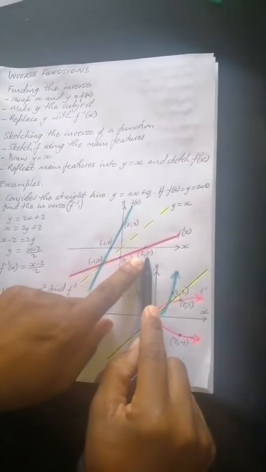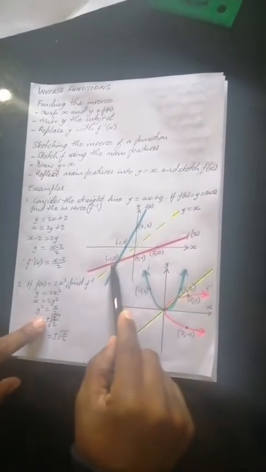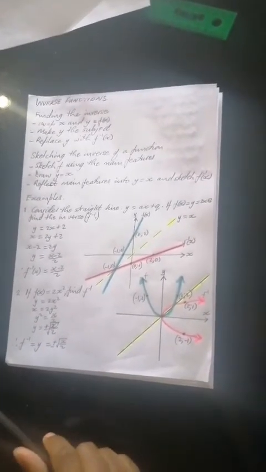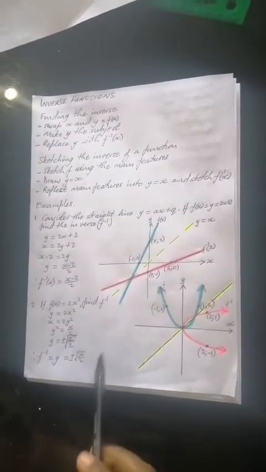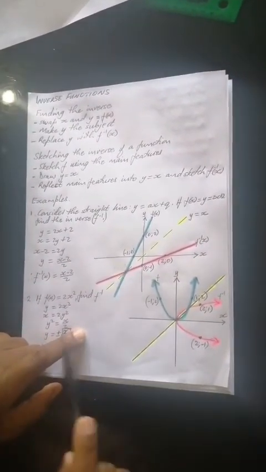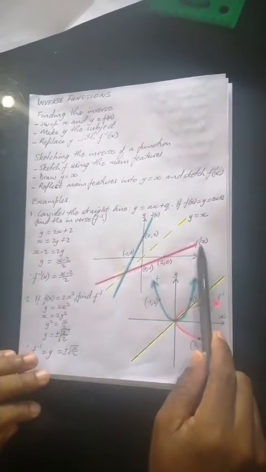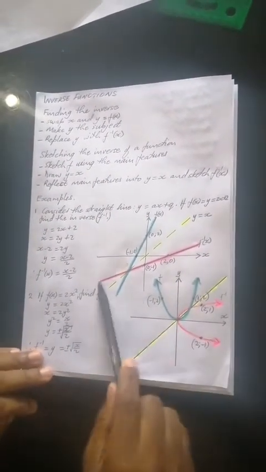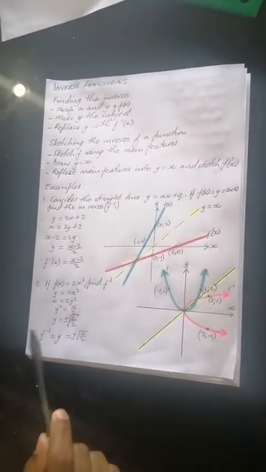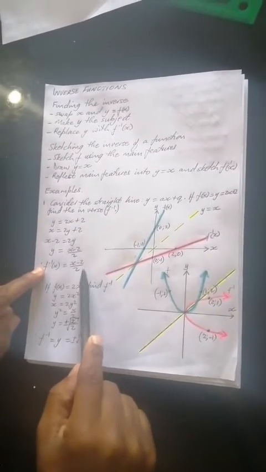So it's 2 and 0. Those 2 points are enough for us to sketch the red graph, which is f inverse. There was a point here which is not necessarily supposed to be there. These are the points that you need, and you can now sketch your f inverse. That is when we are doing it graphically, but when we are answering this question, this is what is required.